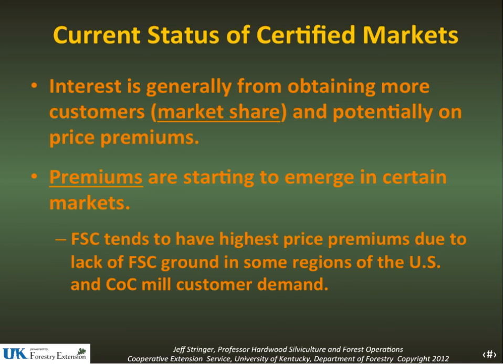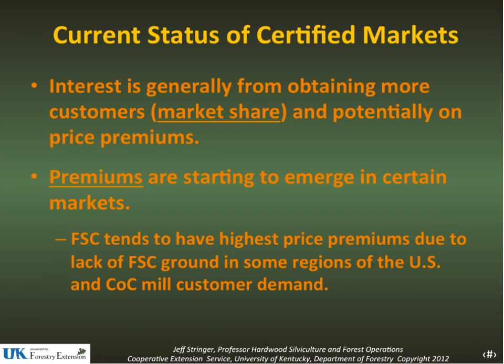And because of that, it tends to generate a little bit of a premium at the stumpage. But anyway, suffice to say that premiums are there. Right now I would say that they're not very high. They're low, but that can be enough to help markets and help people make decisions about certification. Ultimately, this is all regional and local dependent. So you've got to know what's going on with the situation in your backyard.